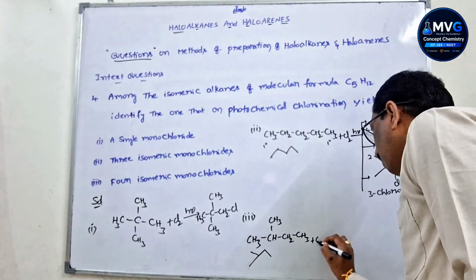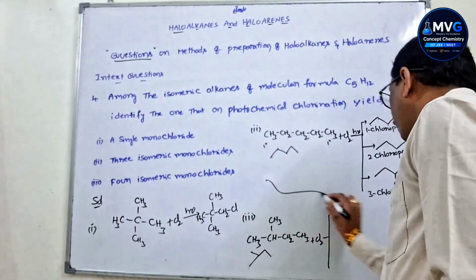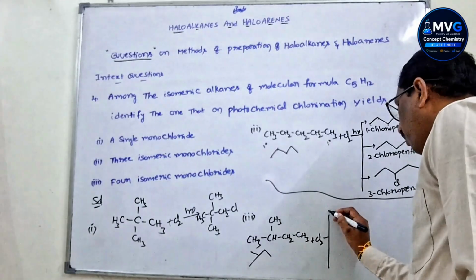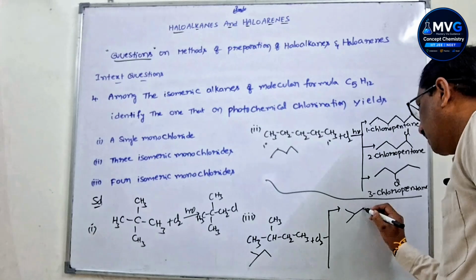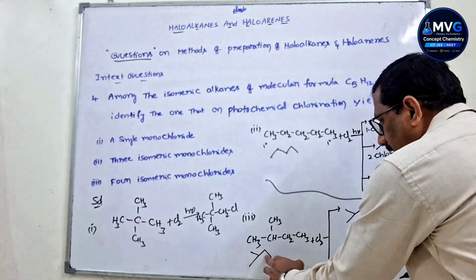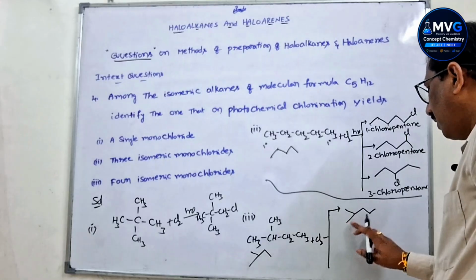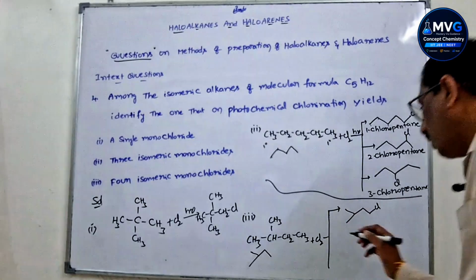Now, students, monochlorination. How many products are they asking here, students? 4 possibilities, and we can write them like this, students. Here, one chlorine atom, students. 1, 2, 3, 4 carbon atoms are there in the root word. Here, chlorine, one product.